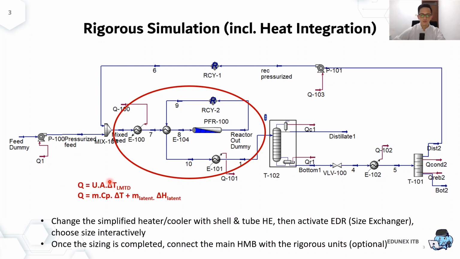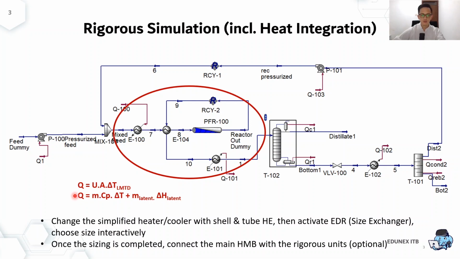And related to the heat exchanger design, these are the two main equations that you have to remember, so that you will be able to solve and troubleshoot or optimize the design. Okay, so in terms of the sizing, the Q, or the total heat exchange, would be U, the overall heat transfer coefficient, multiplied by the area of the heat exchanger, A, in square meters, and multiplied by the delta T LMTD, which is the log mean temperature difference.